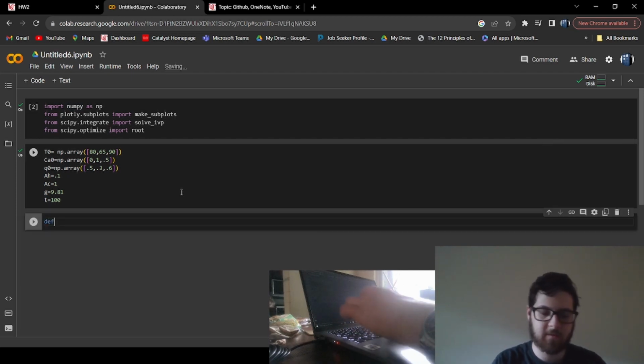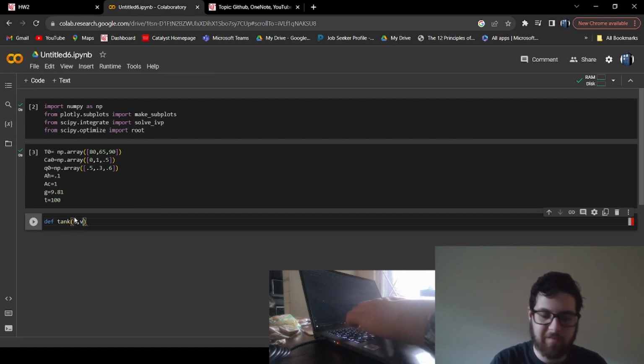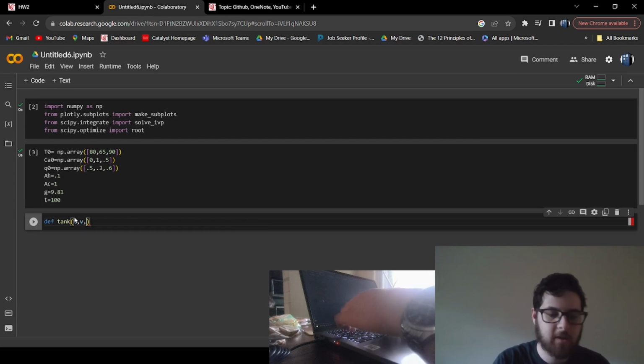And now it's time to define the function. Let's just call this the tank. And we need it with respect to time, a vector quantity of height, concentration, and temperature. Then we need the initial conditions that we're giving it, which are CA0, T0, and Q0.